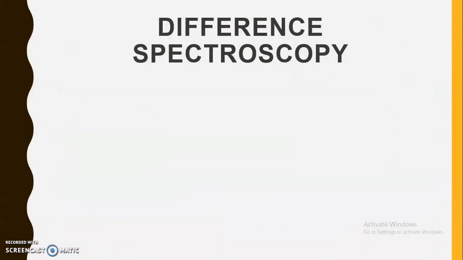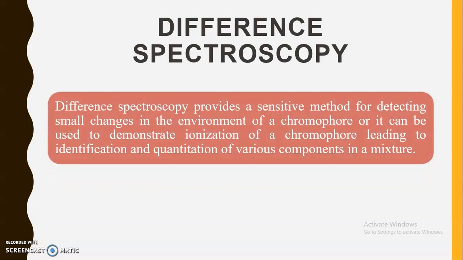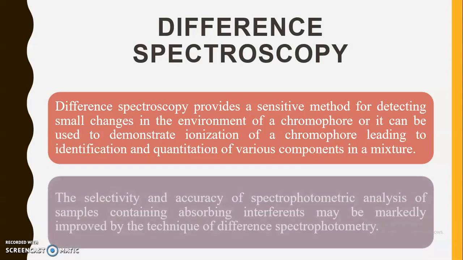Then the second type of spectroscopy that we are going to discuss is difference spectroscopy. Here in this case, difference spectroscopy provides a sensitive method for detecting small changes in the environment of a chromophore, or it can be used to demonstrate ionization of a chromophore, leading to identification and quantitation of various components in a mixture.